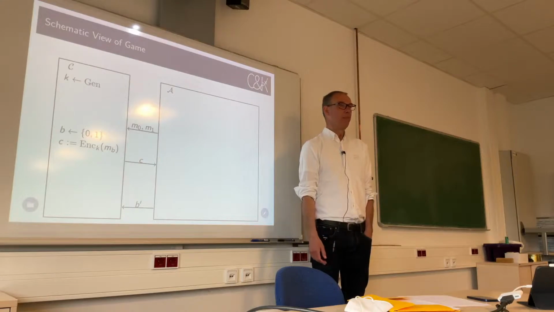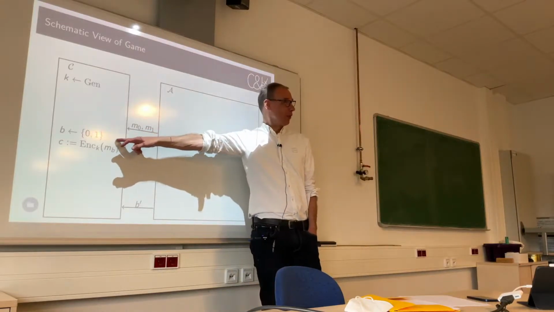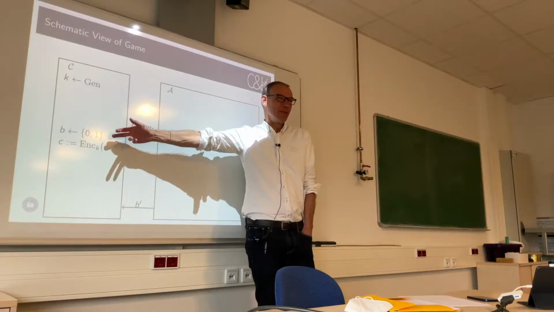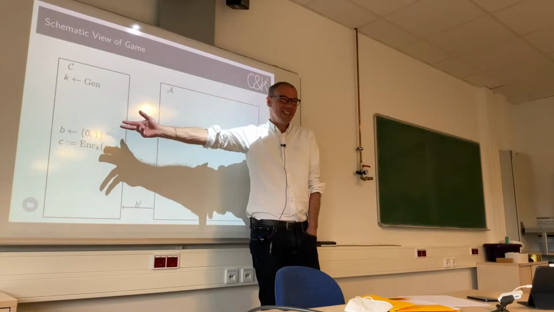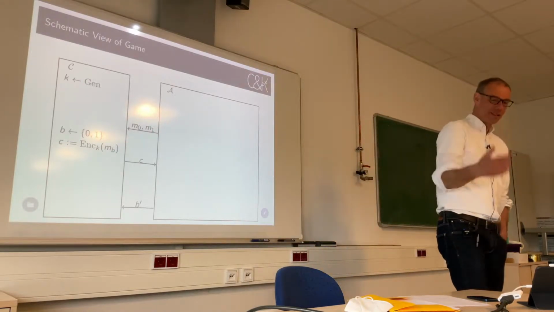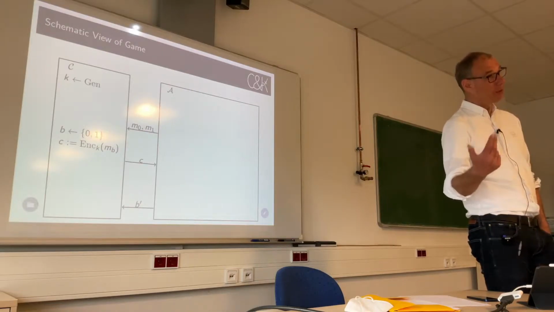Just output 1, for example. It's correct because here b is picked uniformly at random. And then with probability 1/2, you're right. So 1/2 you can always achieve by very simple strategies, and this theorem says that it's perfectly secure if and only if you cannot do better.